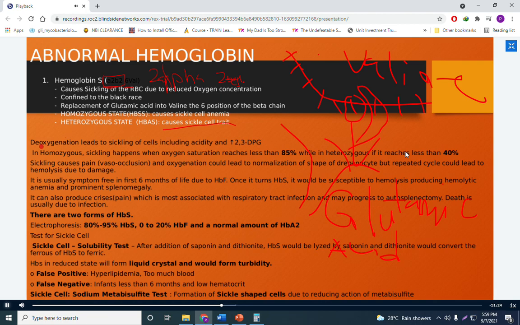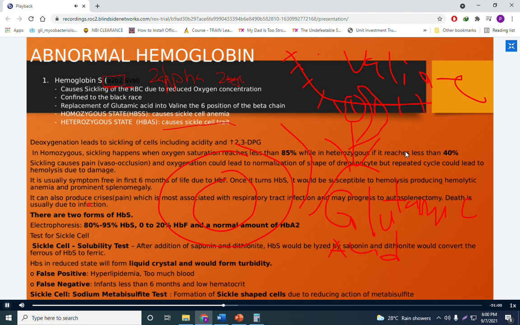In your hemoglobin S class, there is deoxygenation, meaning walang decrease ang oxygen nyo. This deoxygenation leads to sickling of cells, including acidity and 2,3-DPG. Remember class, kanina sabi ko, meron ang hemoglobin molecule nyo ng isang molecule ng 2,3-DPG.